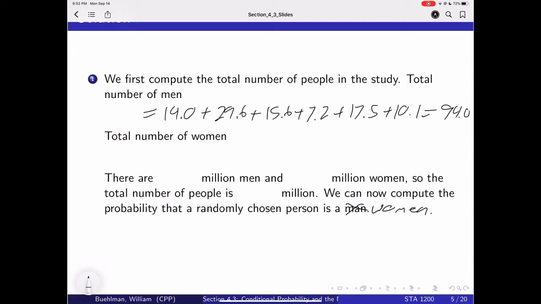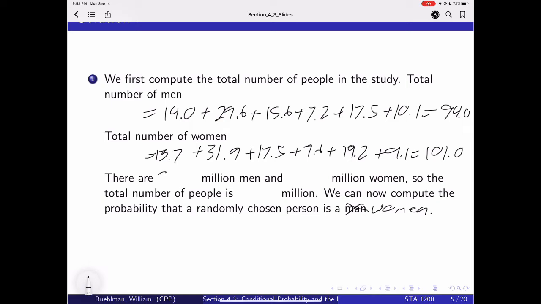And then the women, which is equal to 13.7 plus 31.9 plus 17.5 plus 9.6 plus 19.2 plus 9.1, which gives us 101 million. So there are 94 million men and 101 million women. So the total number of people is 195 million people.